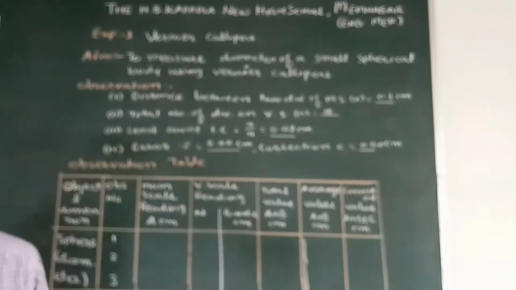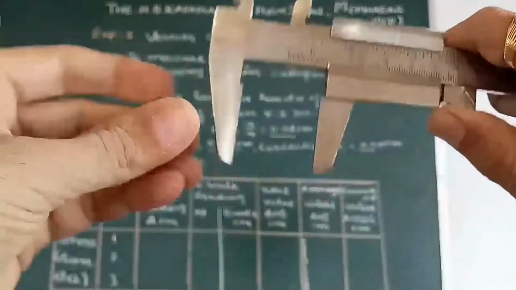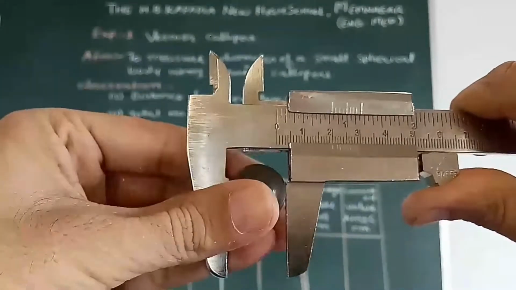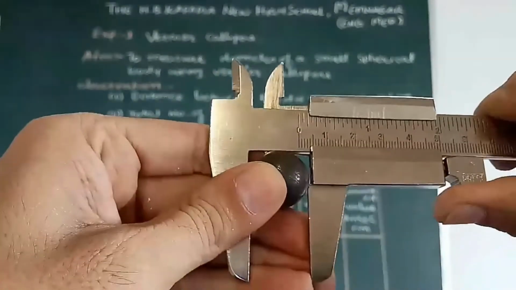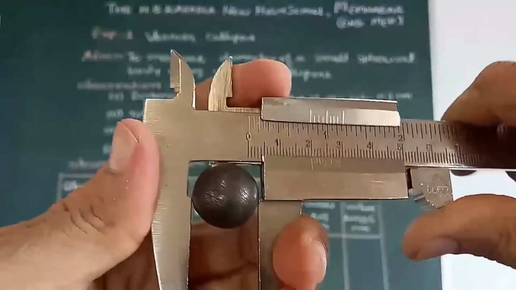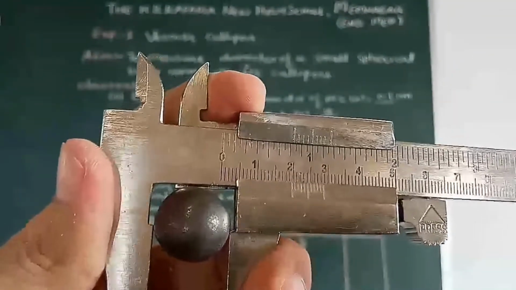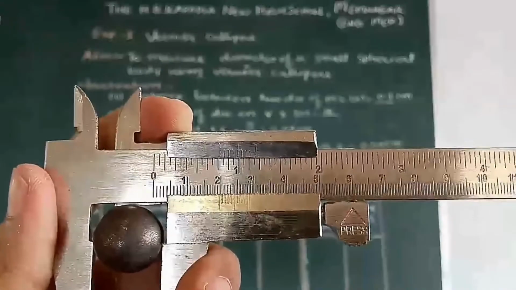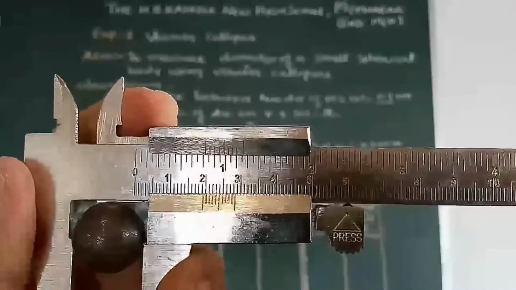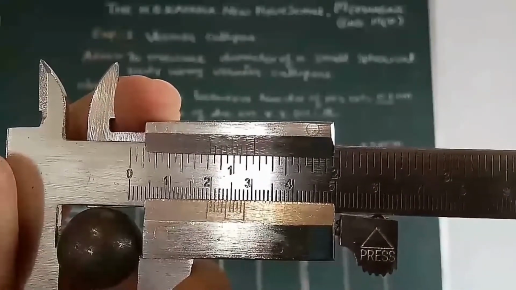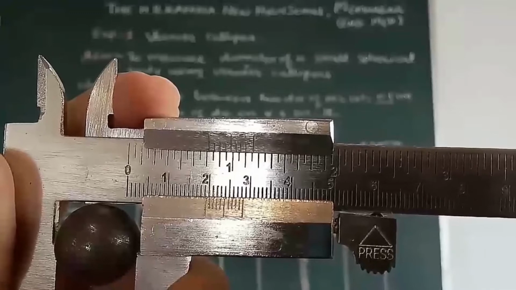First, place the object here between the two jaws of the vernier calipers. Fix it. Now observe the reading. You can observe that the vernier scale 0 is lying between 1.9 and 2.0.